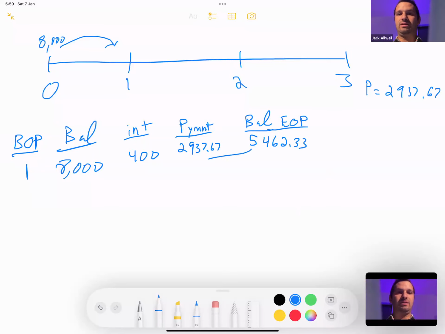And then this moves here. So that's our starting balance at the beginning.